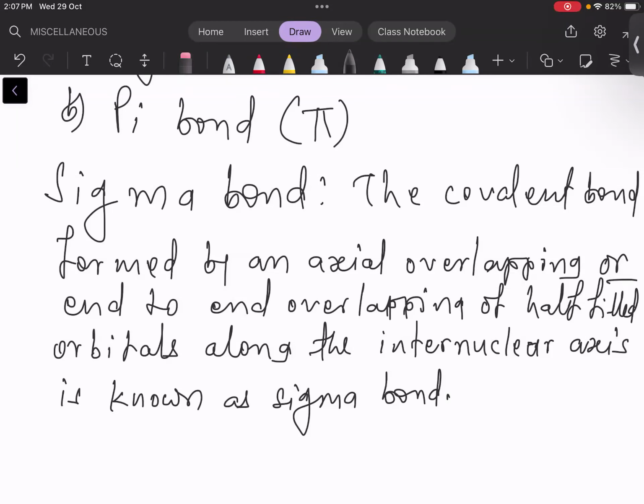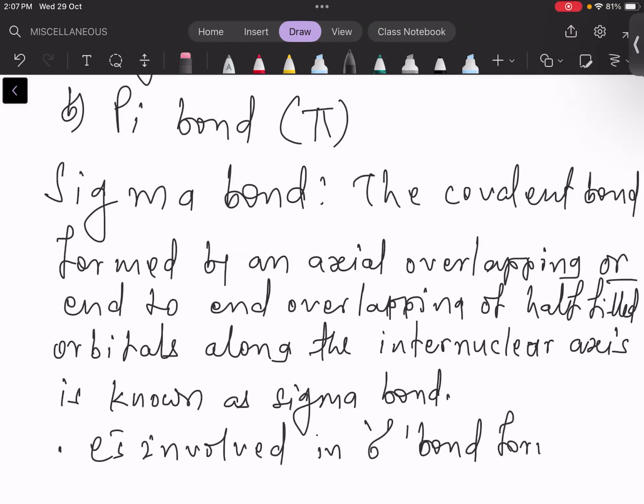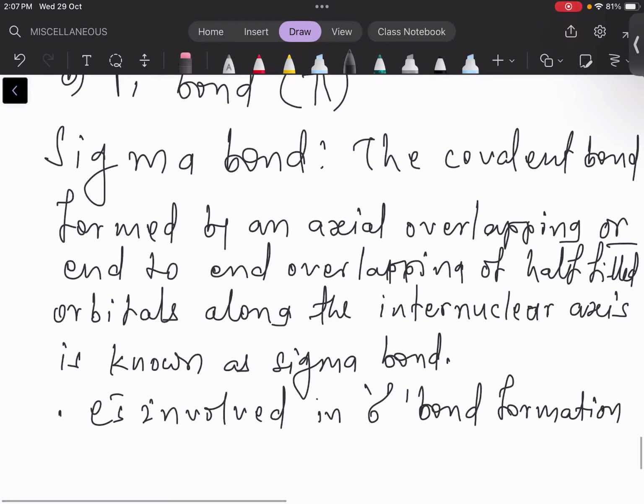The electrons involved in sigma bond formation are called sigma electrons. What are they called? Sigma electrons.